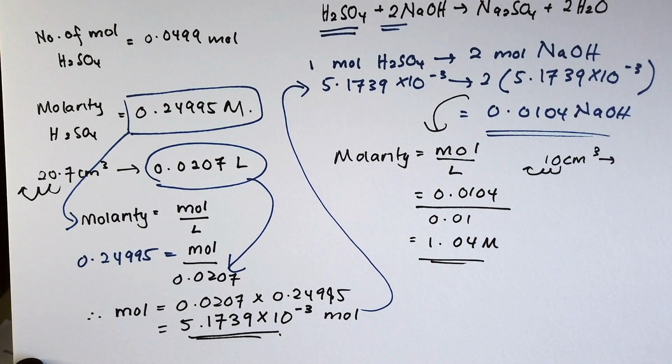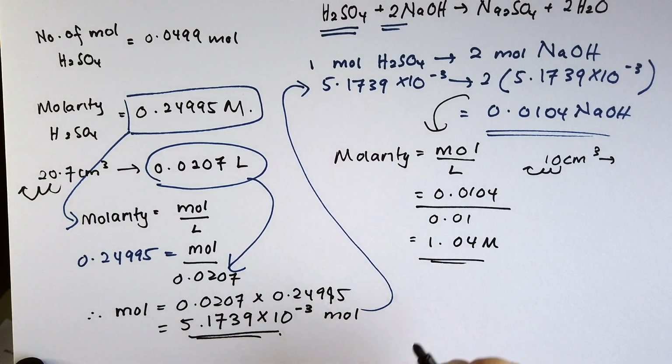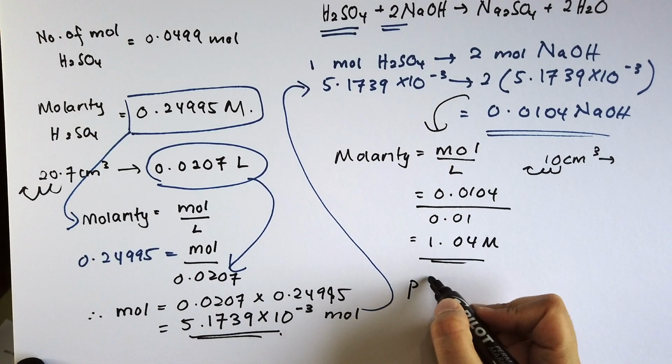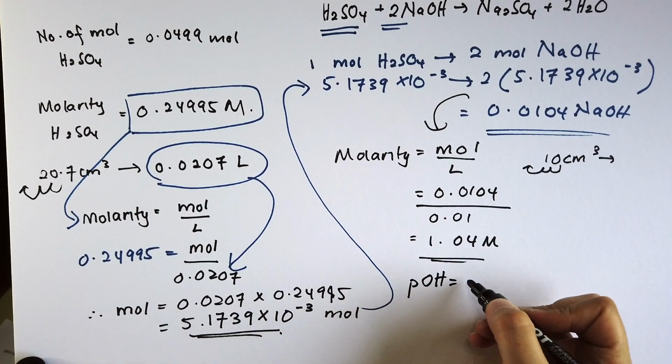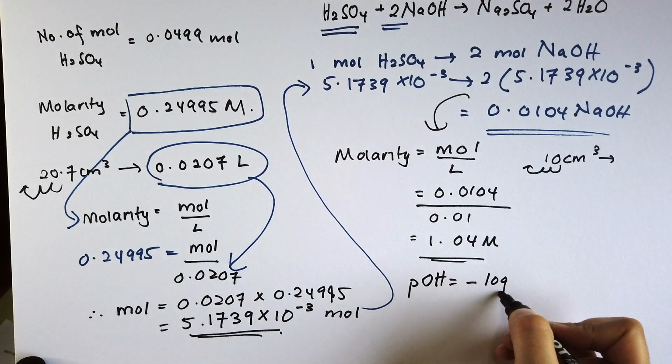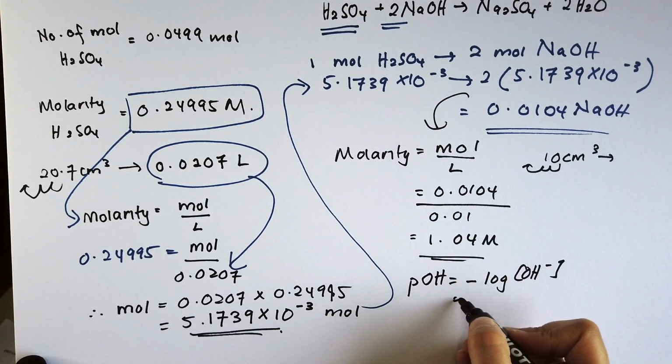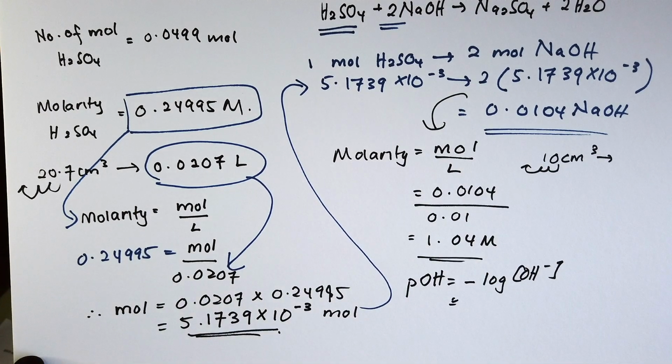Okay, so this is not ended yet because you were asked to calculate the pH. So sodium hydroxide is what we consider as a strong base. Therefore, the concentration of the OH is equivalent to the concentration of the NaOH itself. So since NaOH is a base, not an acid, you need to calculate pOH equivalent to negative log concentration of OH minus.